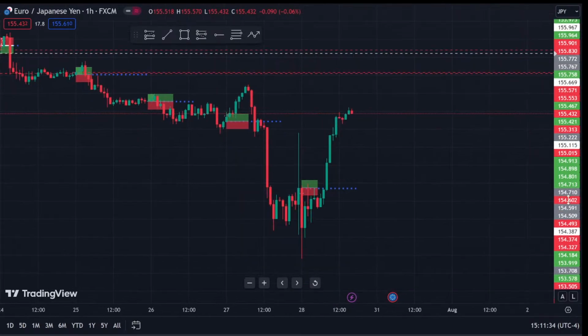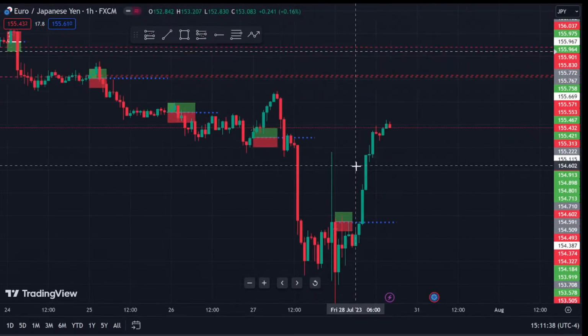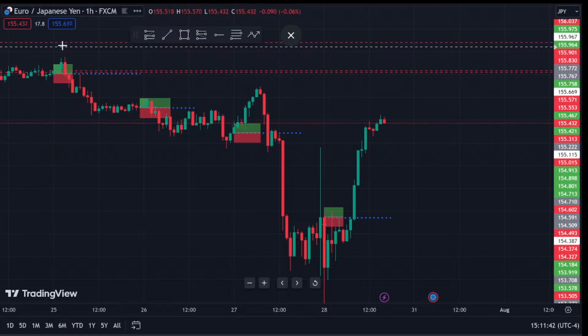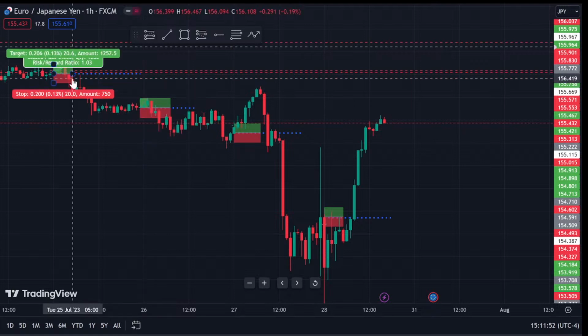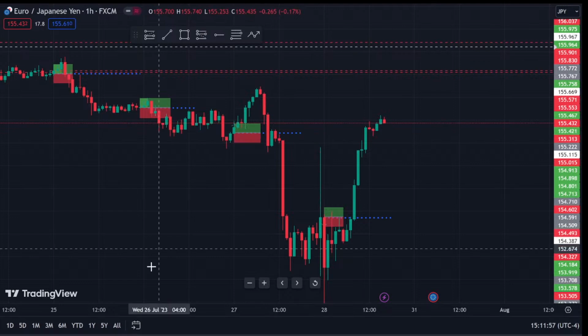So let's first go to Euro correlation or Euro super correlation. These Euro currencies, this is Euro JPY, as you can see up here in the corner. These little setups that you see here are simple.